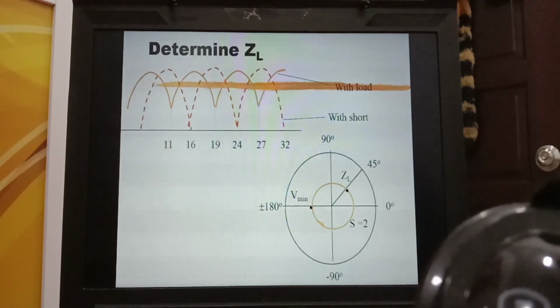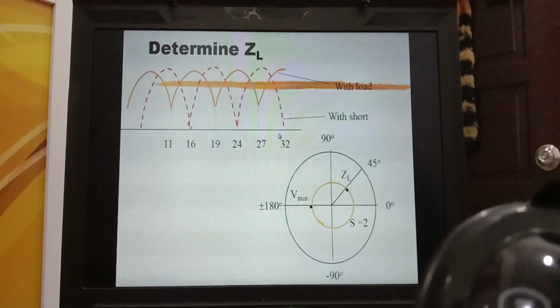This is how it looks, assuming this is the standing wave pattern when the transmission line is terminated by the unknown load. The minima occur at 11 cm, 19 cm, and so on. Now if the load is replaced by a short circuit, we will have a minimum at the load point itself.